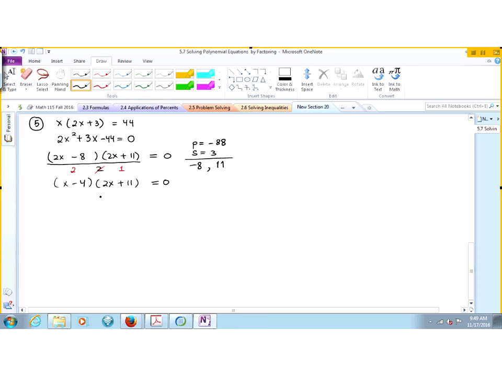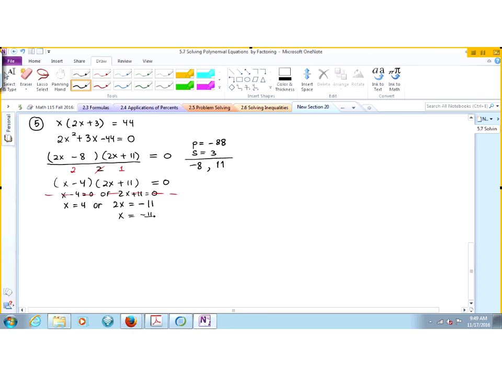Okay. So I'm going to skip a step this time. How do I write it if I skip one step? X equals 4 or 2x is equal to negative 11. So I'm skipping a step. What was the invisible step here? X minus 4 equals 0 or 2x plus 11 equals 0.